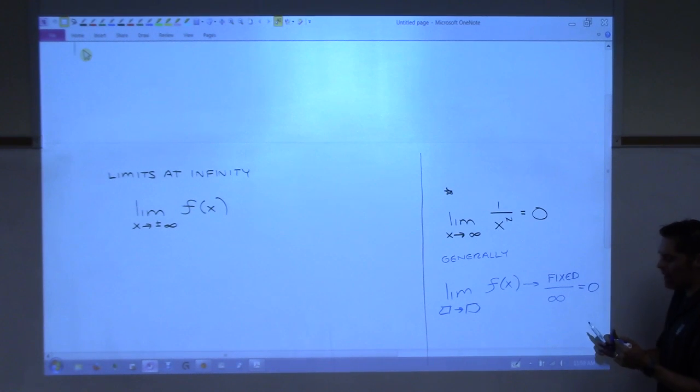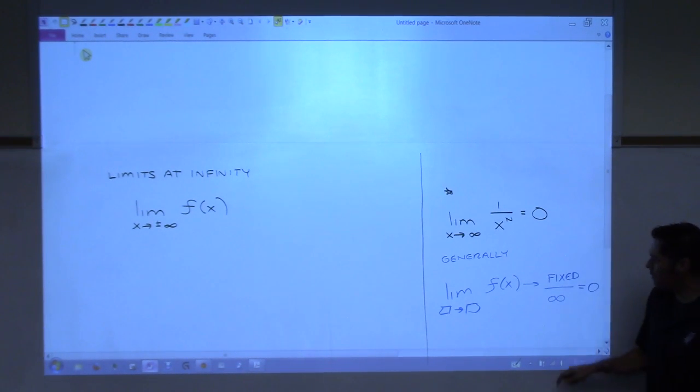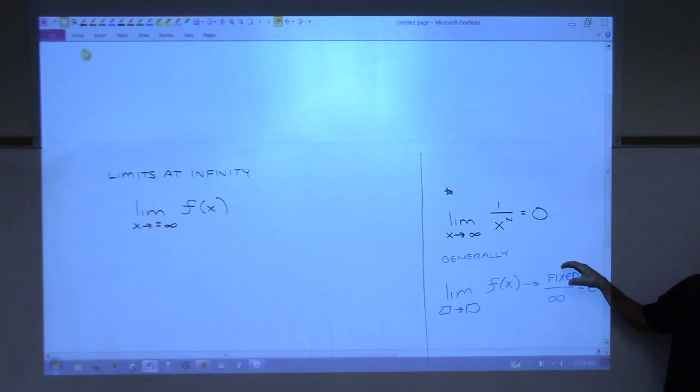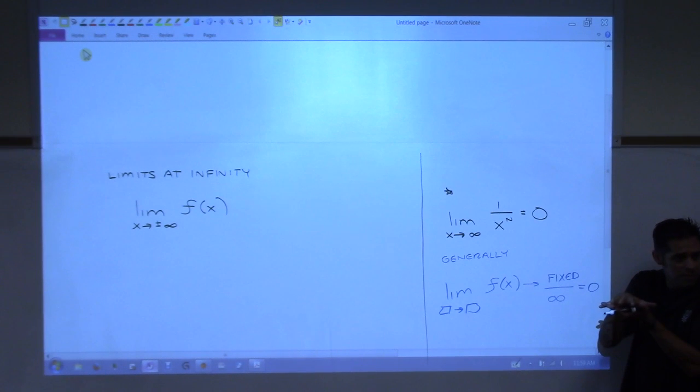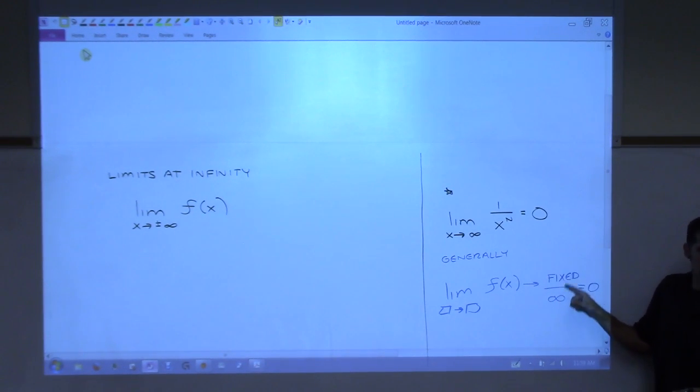And just think about this for a minute. If you have a number that's not moving, it's just staying there, and the denominator is getting huge, that ratio should get small, right? 1 over 10, 1 over 100, 1 over 1,000, 1 over a million. It's getting smaller and smaller.